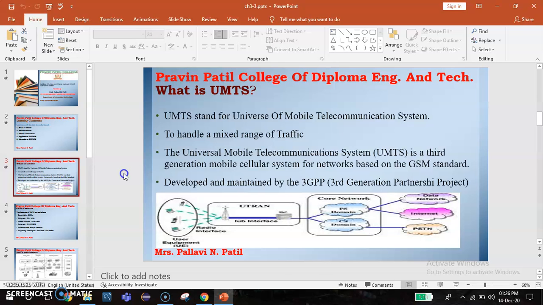Developed and maintained by the 3GPP, that is the Third Generation Partnership Project. These types of network use local traffic operating on the picocell and microcell, while the higher mobile traffic operates on the macrocell, reducing the number of handoffs required for fast moving traffic.